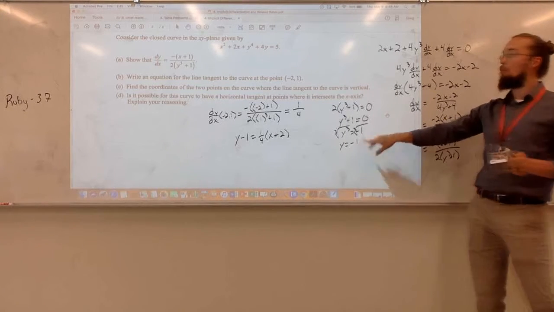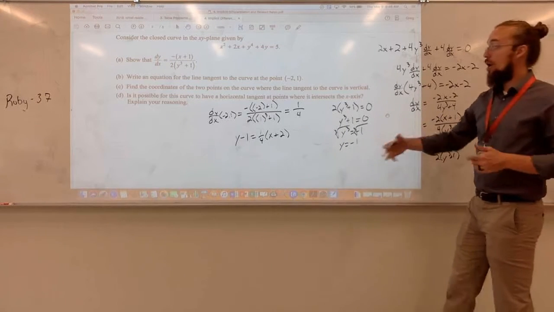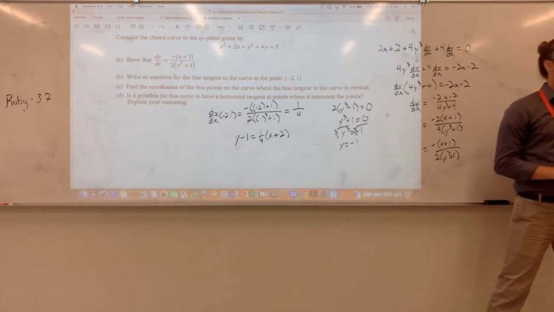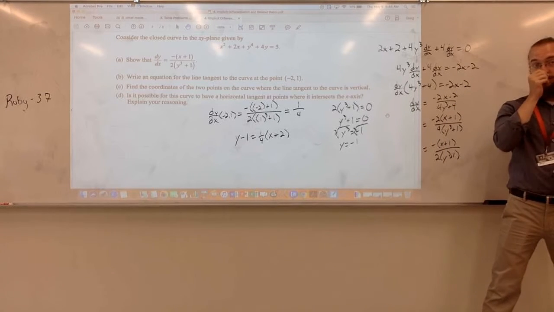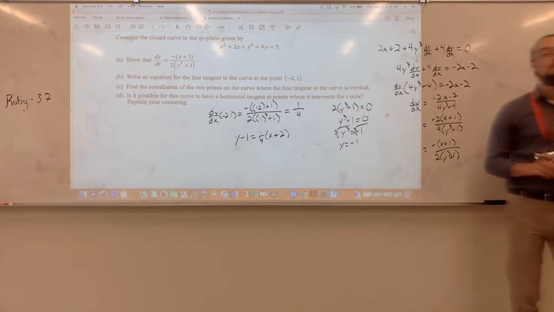Alright, so if I have my y coordinate of -1, to find the x coordinates that go along with that, what would I do? If I know half of a coordinate, plug it into what? The original.